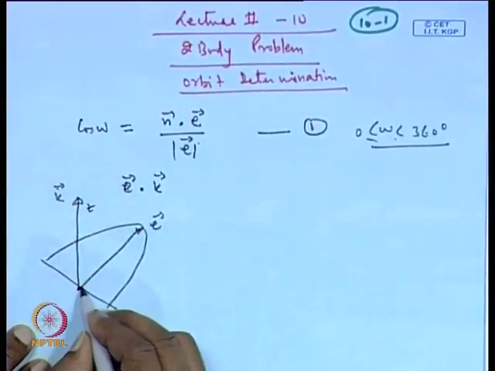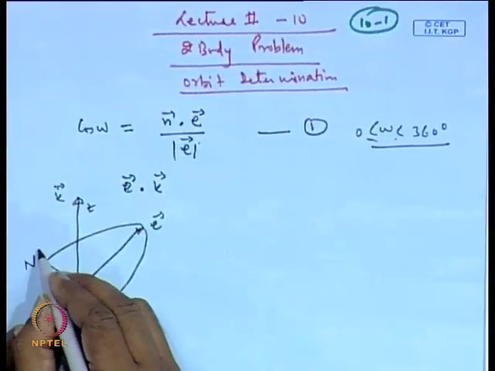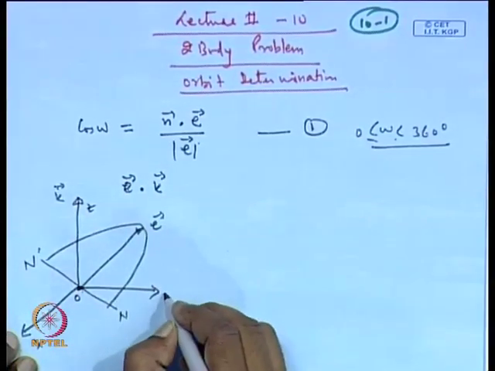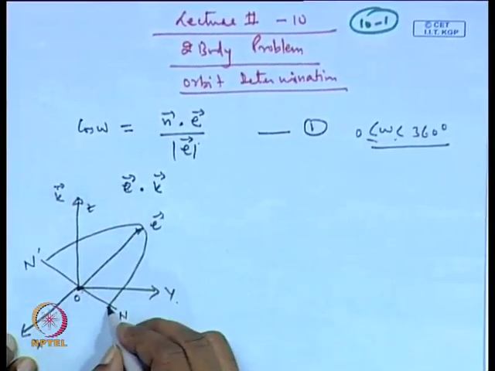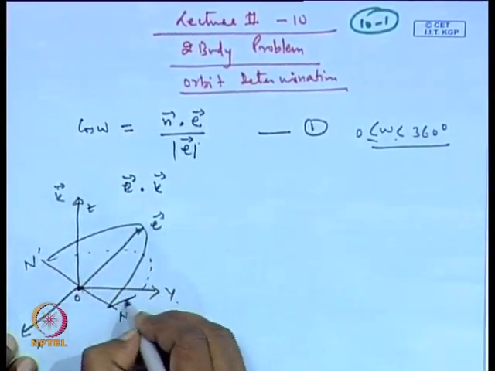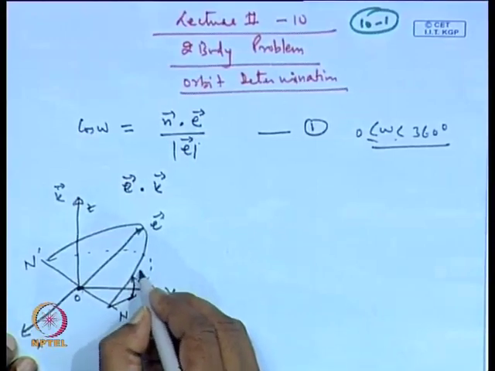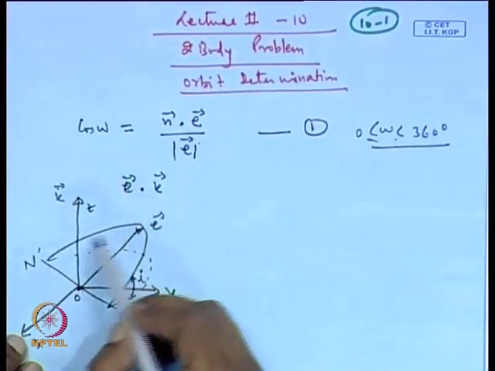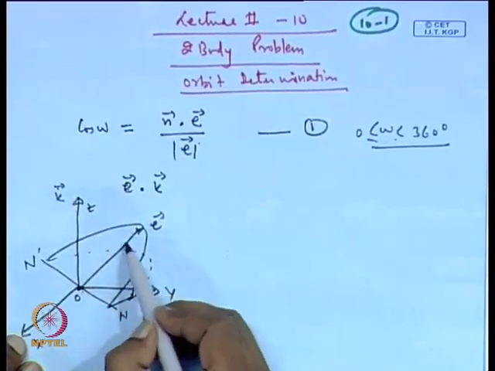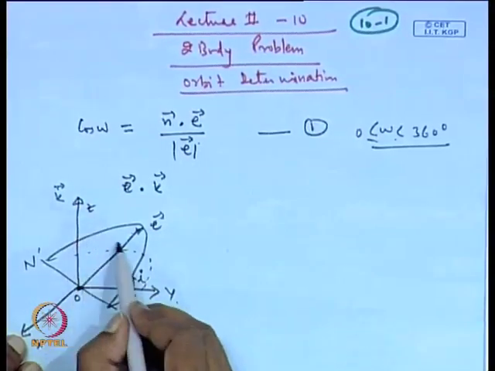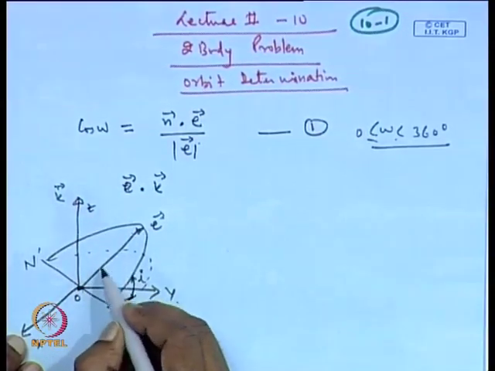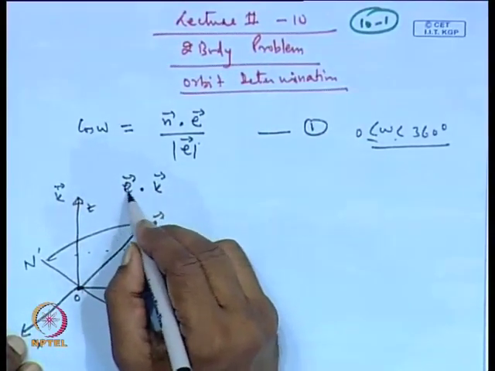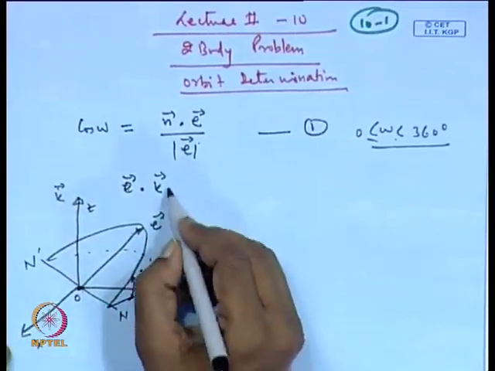This is the z direction, O n and n prime was here, and in this direction we had x and here we had y, and the angle it was making here is the angle of inclination I. If the E vector is lying above the x y plane, then E dot k will be less than 180 degrees.